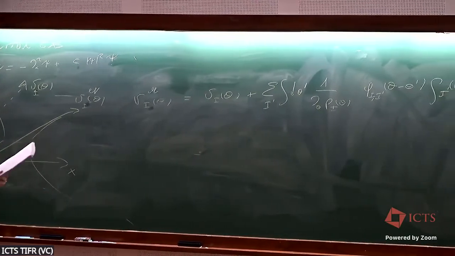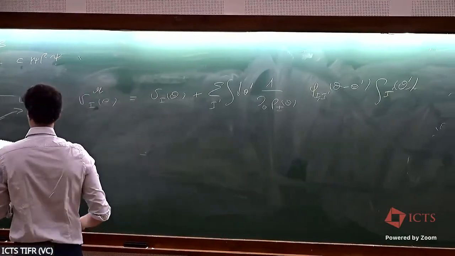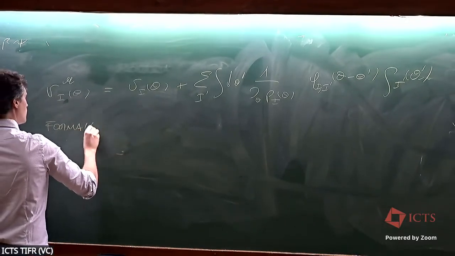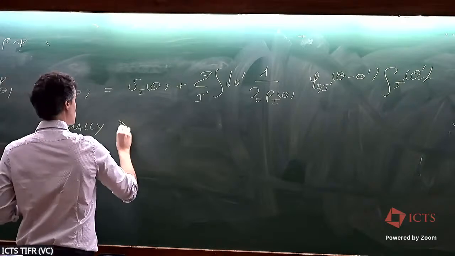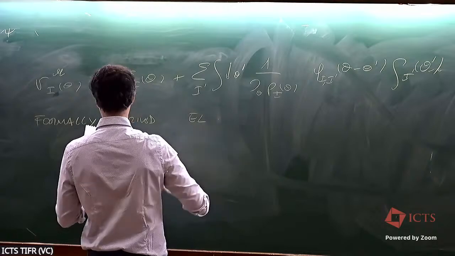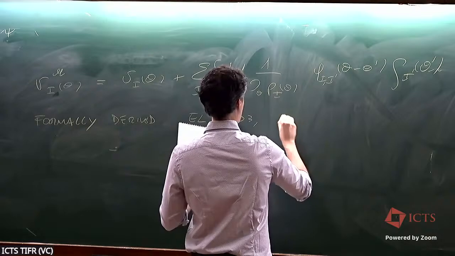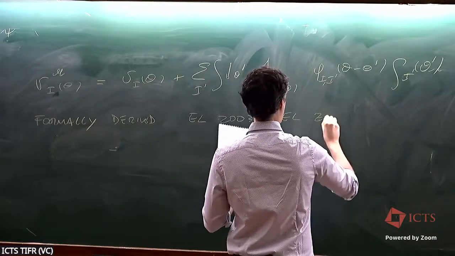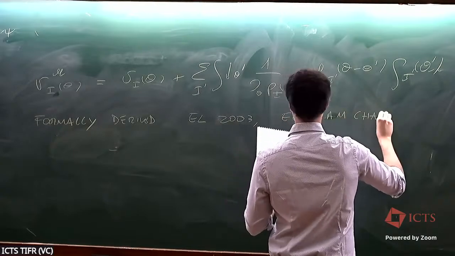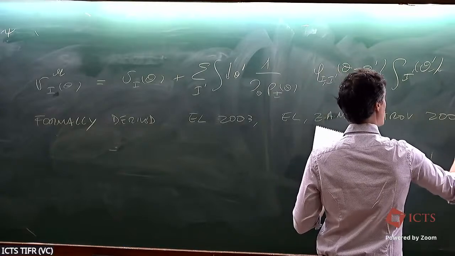Okay. Now, you get a phenomenological way to derive it, but actually, these have been formally or rigorously derived by Gennady El in 2003 for the KdV, and then by him and collaborators in 2005 for the nonlinear Schrödinger.